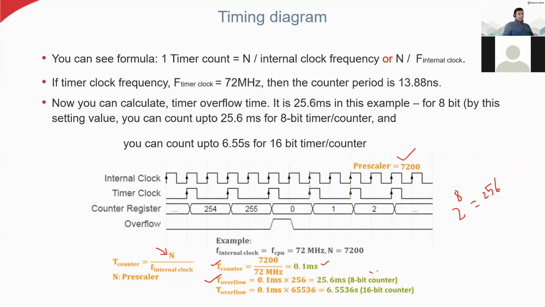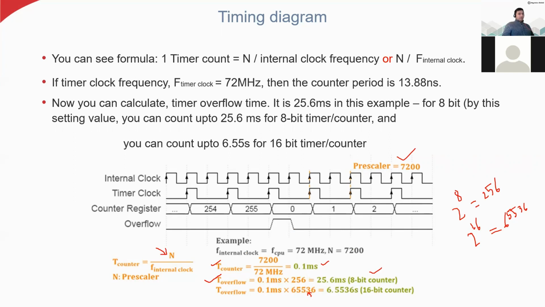This is for an 8-bit counter. If I use a 16-bit counter, 2 to the power 16 is equal to 65,536. Then you just multiply the same timing with this number of levels and you get the T overflow timing. This is a simple calculation.